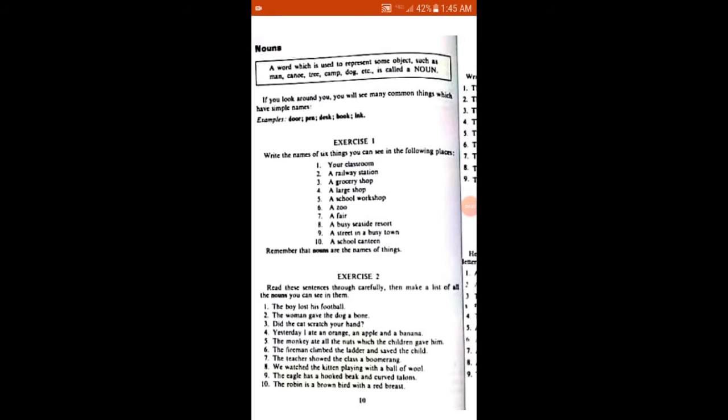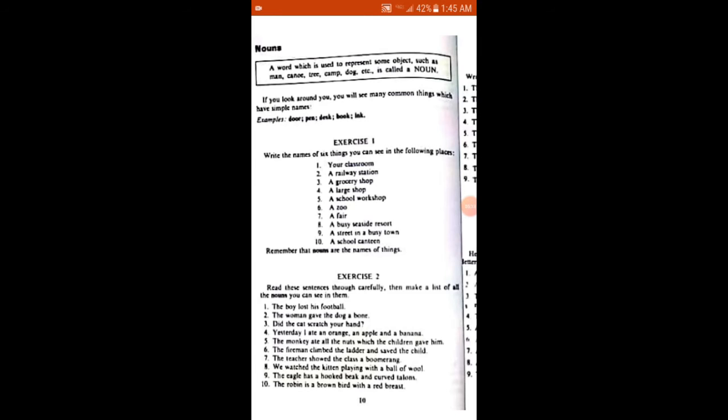These sorts of things are present in a railway station. Grocery shop, you all know that, so write about it. A mart and a school workshop, you can write about the multimedia room in it. A zoo, you have visited it, I hope.